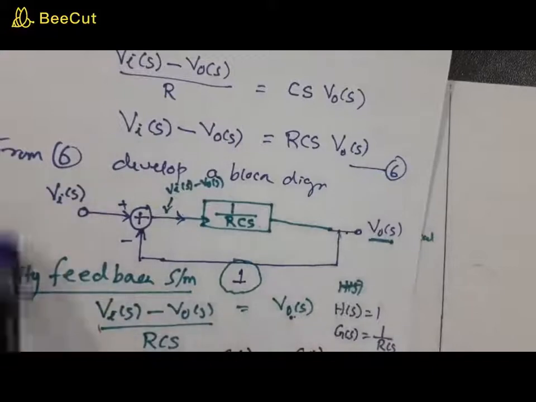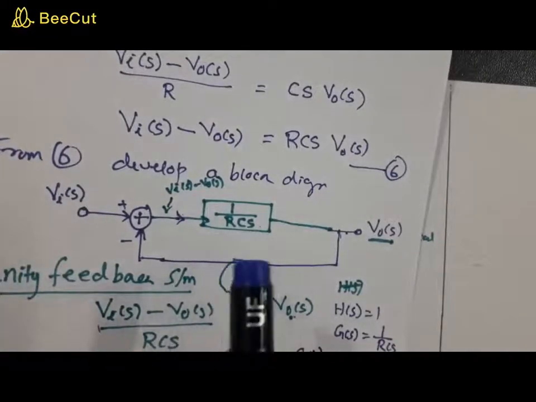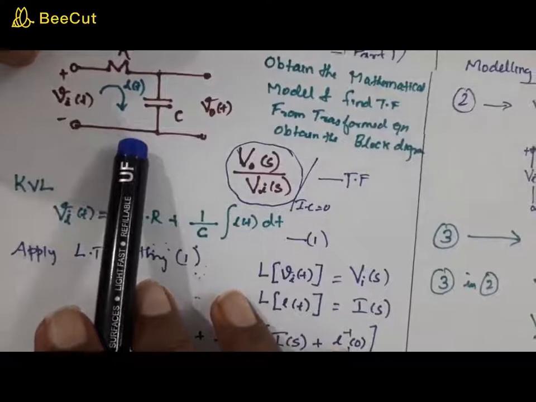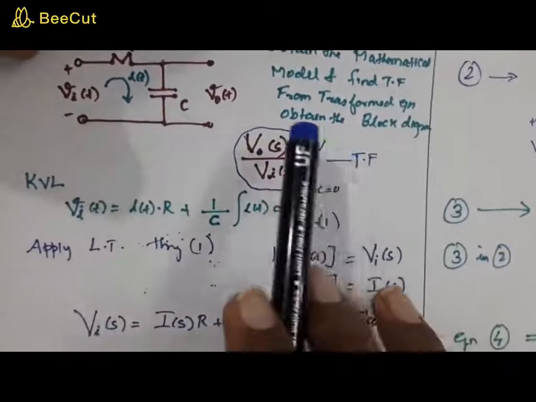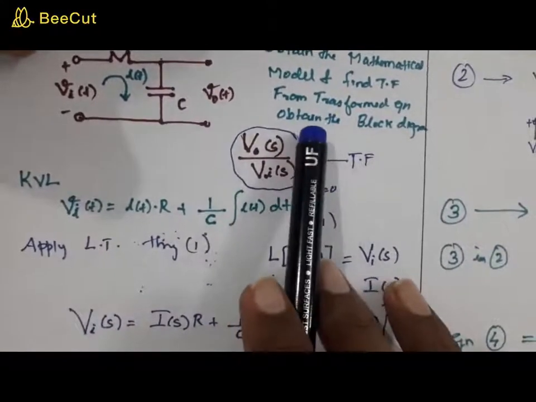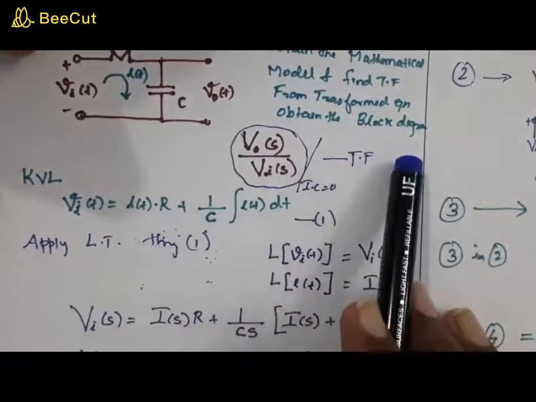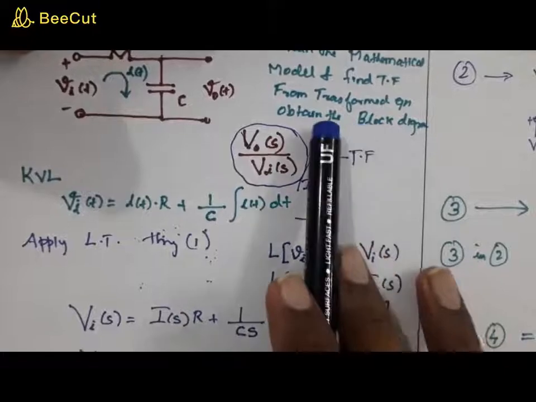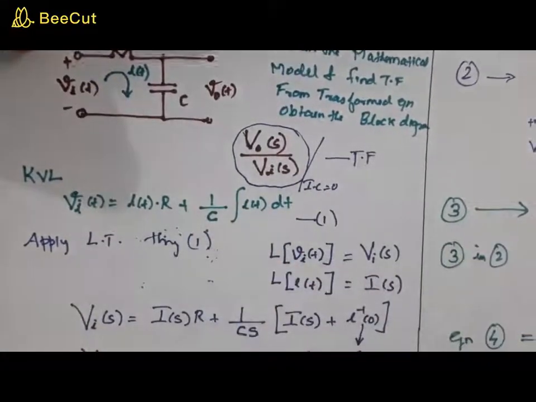This also you should know, because there is a 95% chance that you will be asked to derive the transfer function of the electrical system. It's not common to be asked to obtain the block diagram, but if it is asked, you cannot say that that's out of syllabus. So you need to know how to obtain the block diagram.